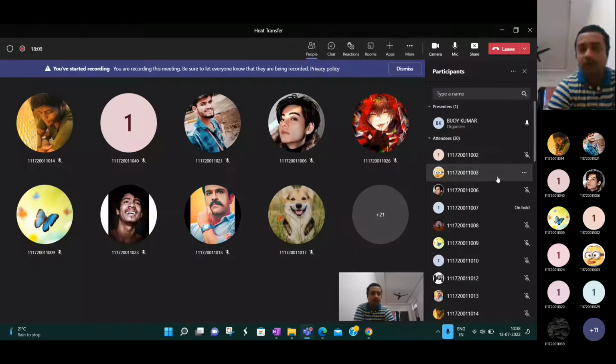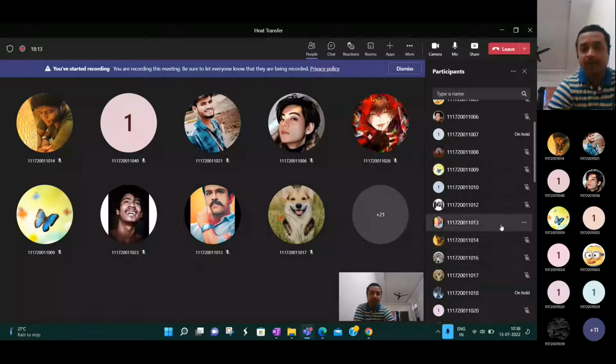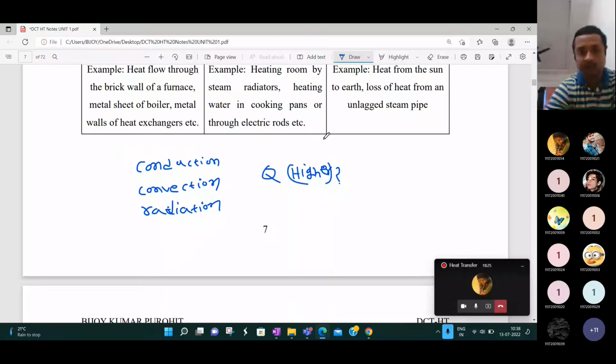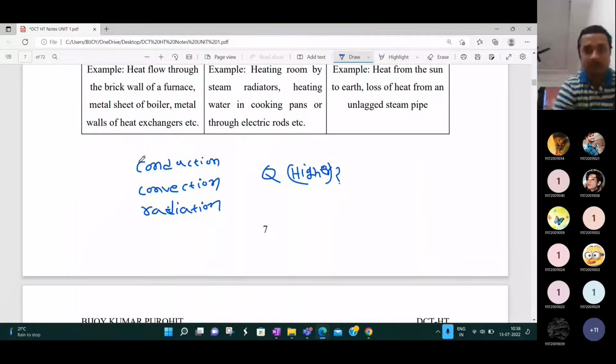The question is, in which mode will the rate of heat transfer be higher: conduction, convection, or radiation? Yes, Bari, are you listening? Conduction, sir. Roll number 8, you are also telling conduction. 2 votes I got for conduction.